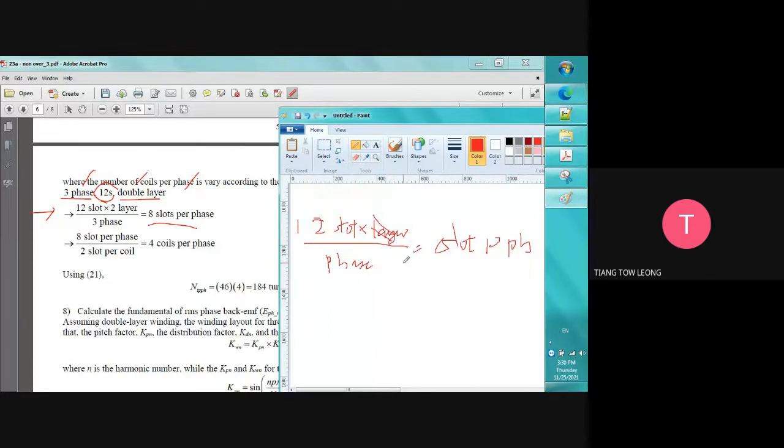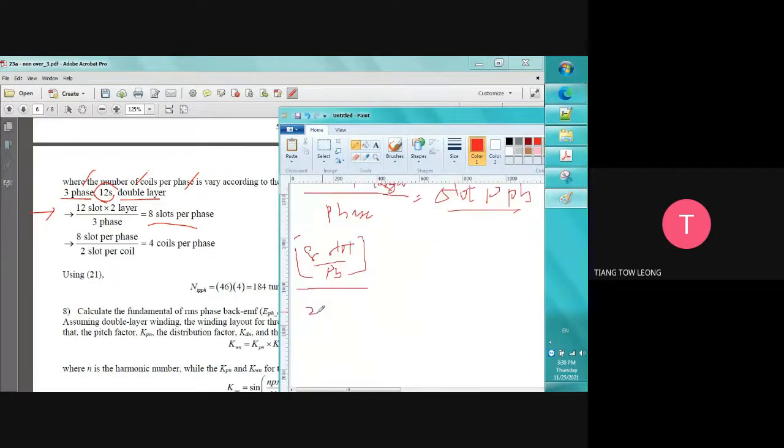Then we use this 8 slots per phase, divided by 2 slots per coil, which means 8 slots per phase times coil divided by 2 slots. So slot and slot can be cancelled, and 8 divided by 2 becomes 4.